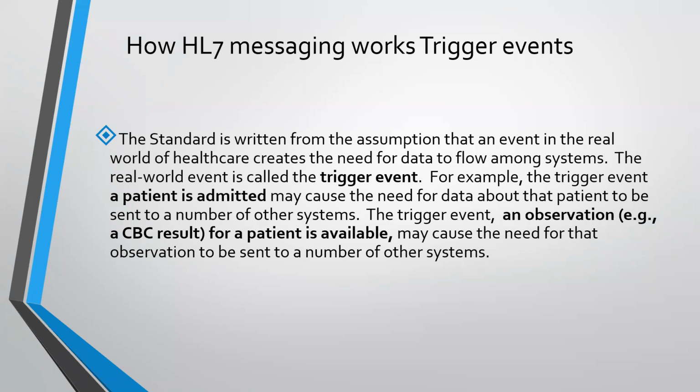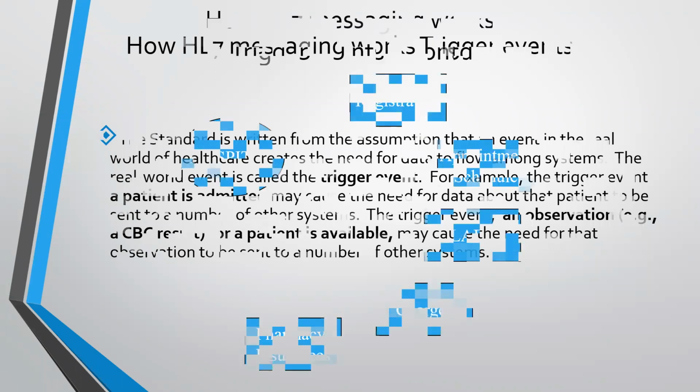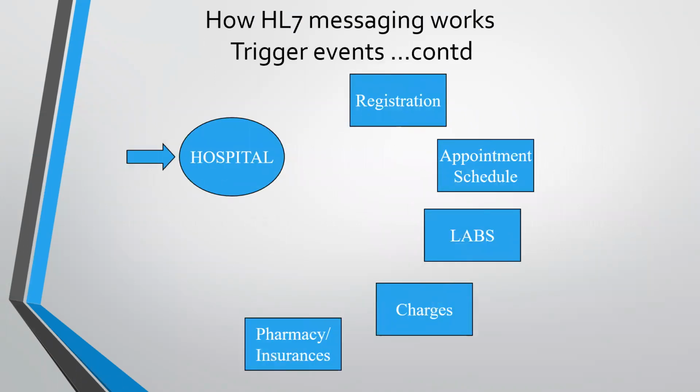So we'll explore more about trigger events in the upcoming sessions, but the entire hospital is broken down into various sections or workflow related breakdowns, so that we can categorize what kinds of trigger events we may have under a certain category.